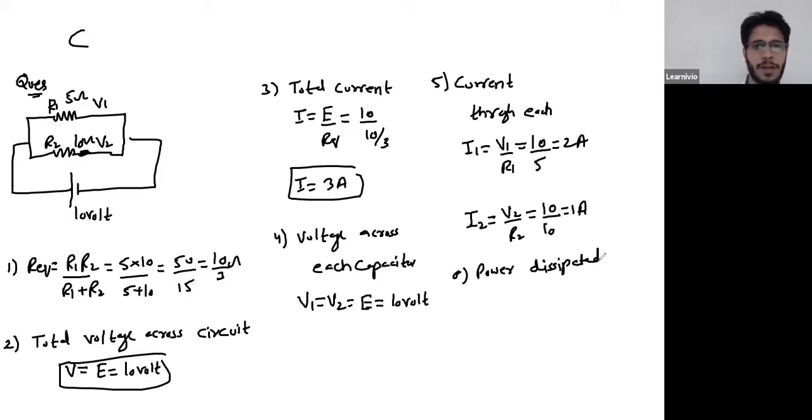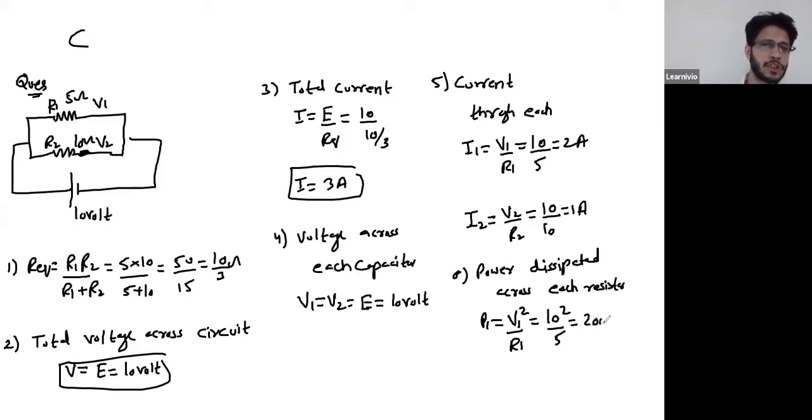Next, I need power dissipated across each resistor. For P1, it's V1 square by R1. V1 is 10, so 10 square by 5. It's 100 by 5, which is 20. The unit of power is what?